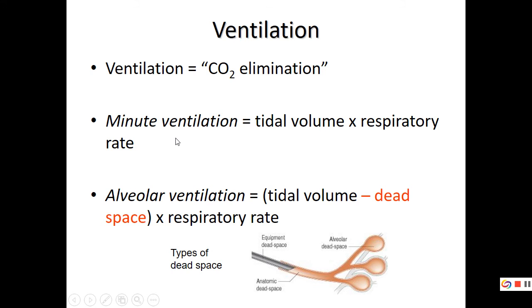And again, minute ventilation is tidal volume times respiratory rate. That's what influences your CO2. The better definition is called alveolar ventilation, which is tidal volume minus the dead space times the respiratory rate. And then why do we say that?